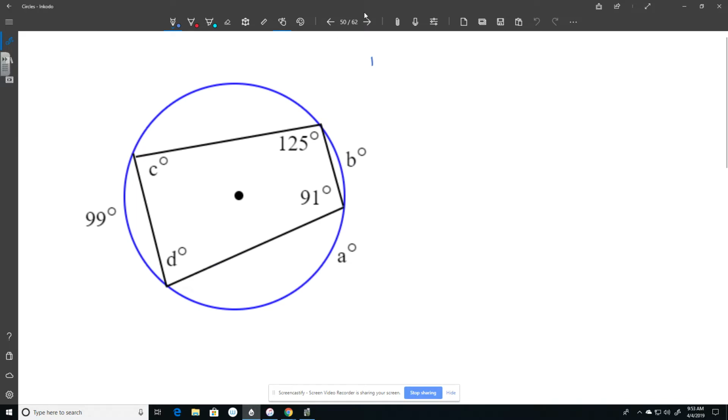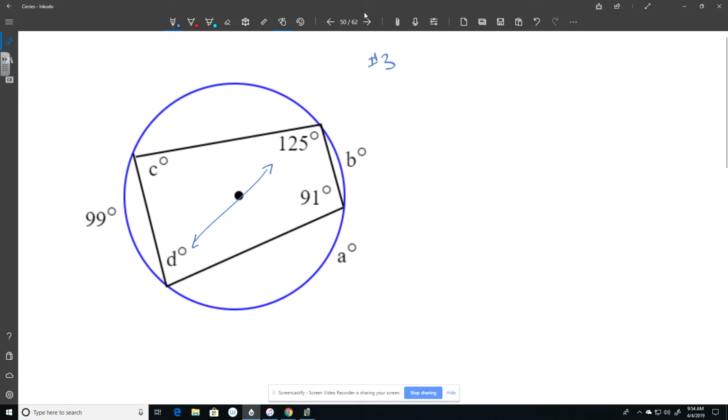Okay, number 3. Again, we're using this idea that the arc is twice the size of the angle, and it wants us to find A, B, C, and D. Just because it wants us to find it in that order doesn't necessarily mean that's the easiest way. Remember that in a quadrilateral that's inscribed in a circle, the angles that are across from each other, in other words, angle D and angle 125, are supplementary, which means that they add up to 180 degrees.